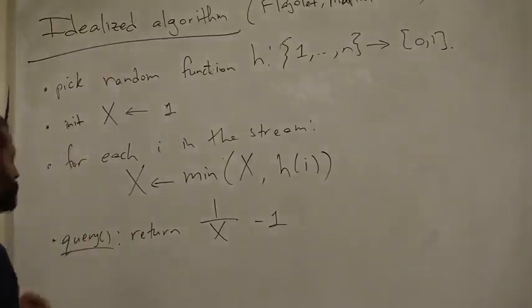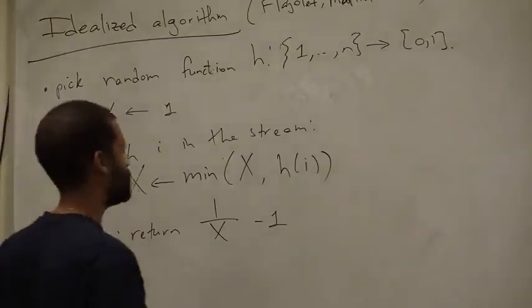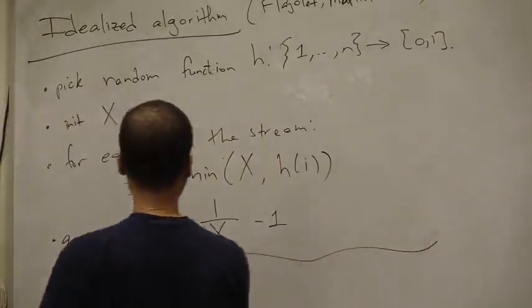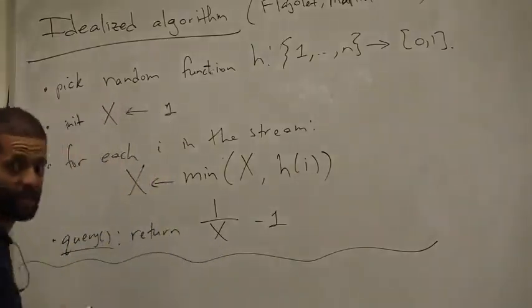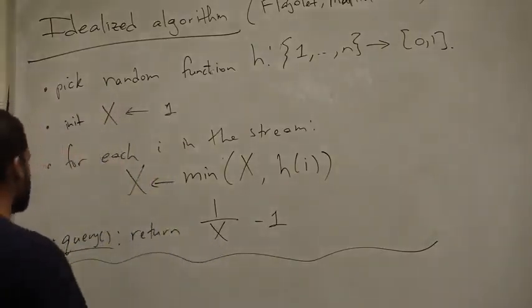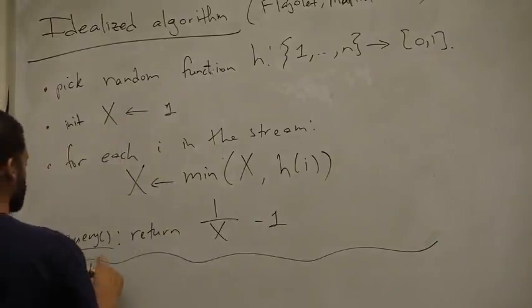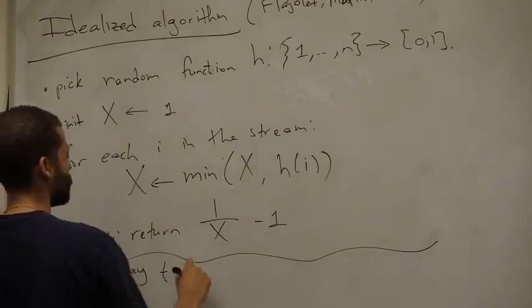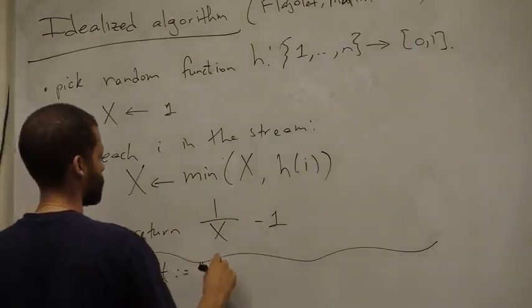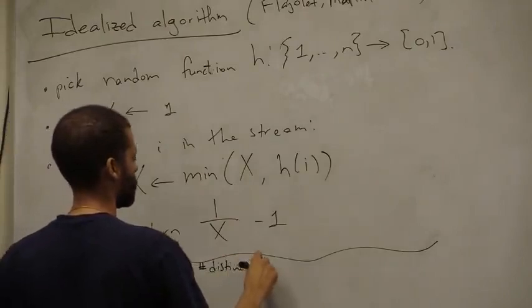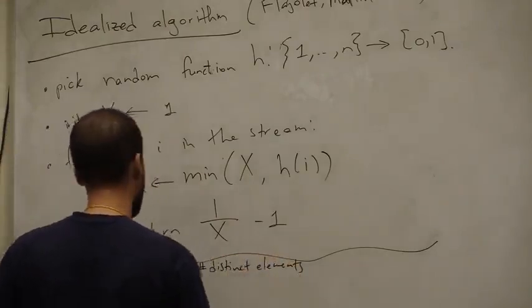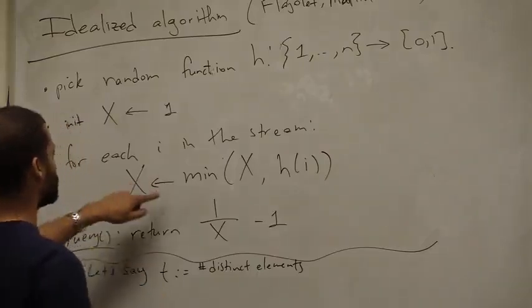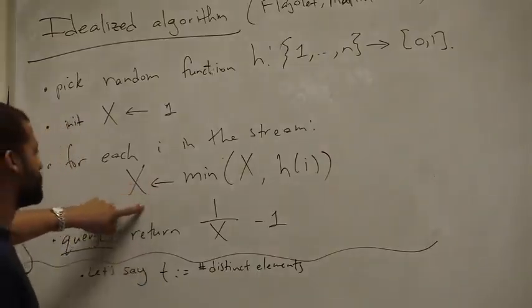Now, before we analyze this rigorously, I want to give you an idea of what's happening. So let's say T is the actual number of distinct elements. And now what we're keeping track of is the smallest.